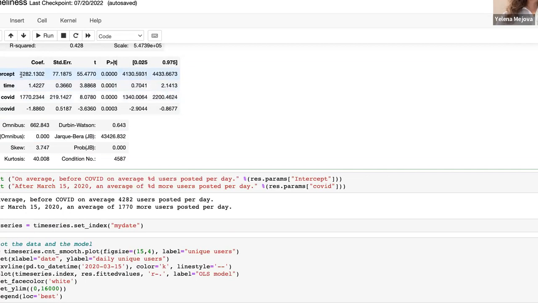Before COVID, around 4,000 people were posting daily about loneliness. And the COVID coefficient tells us that during COVID, on average, 1,700 people additionally were posting. And the trends were not really significant before and after.